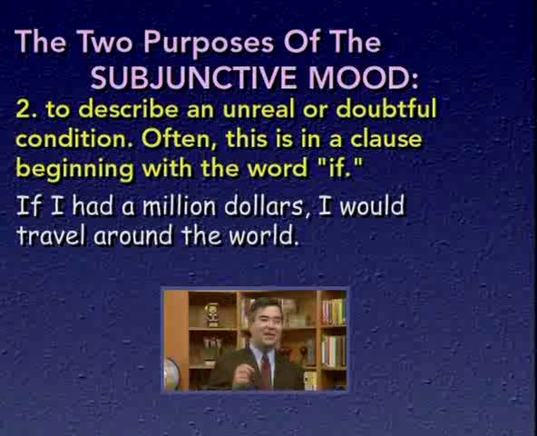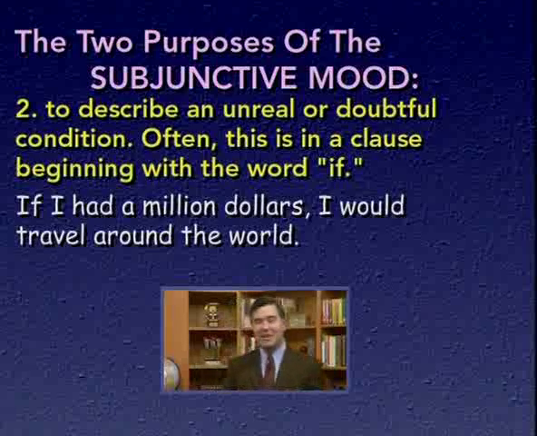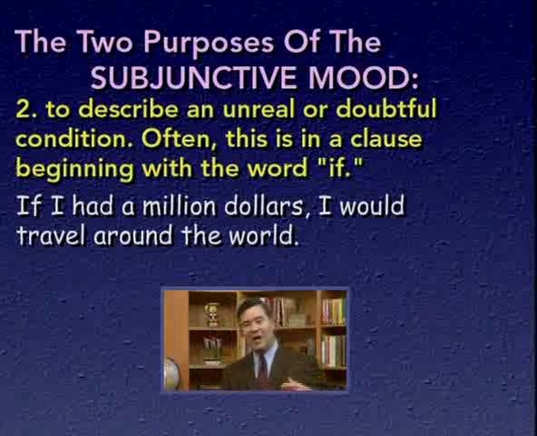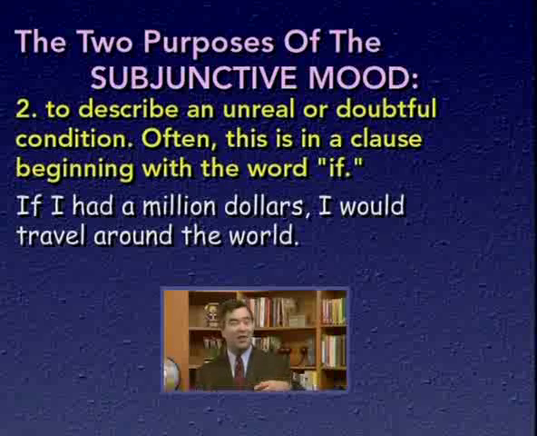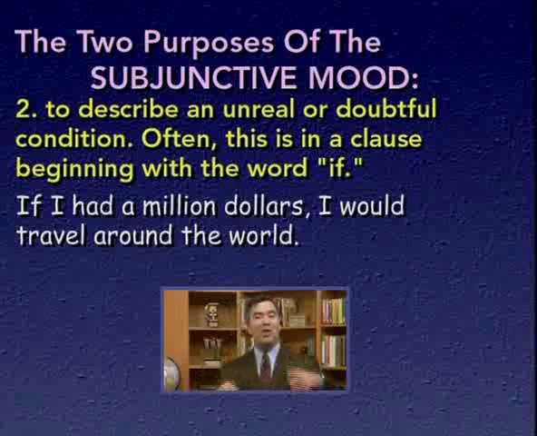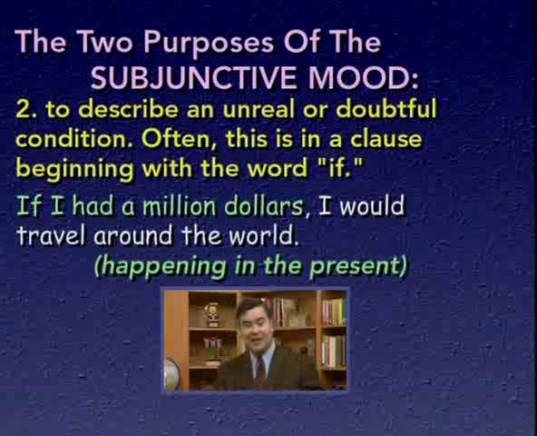This is a perfect circumstance in which to use the subjunctive mood. Now, remember we said under these circumstances, the subjunctive mood could take one of two forms. If we're describing something happening now, it should look the same as the past tense. Is this happening now? Yes, it's talking about what I would do today if I had $1 million today. So this is the present tense.